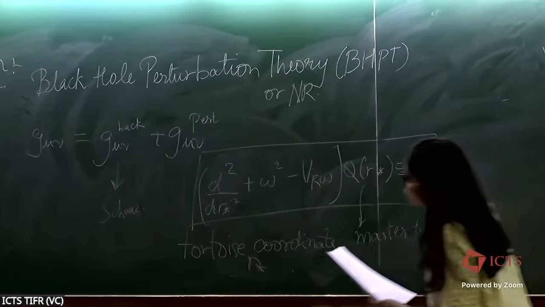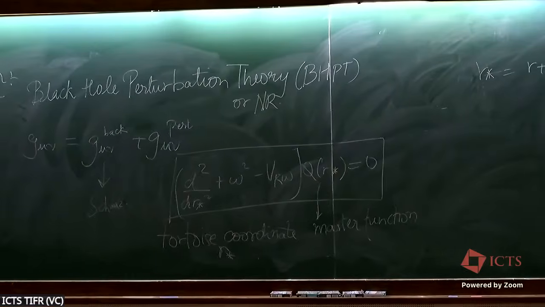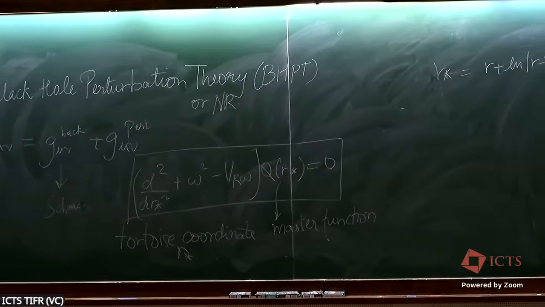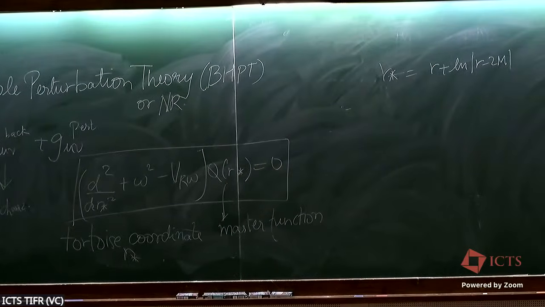Just one point before we go further: when we solve these equations, actually we do not consider R, but we consider R star, the tortoise coordinate. And the reason is, if we consider the tortoise coordinates, then the matching with the test mass case is better. And also the equations of motion have better stability when we go near the horizon.